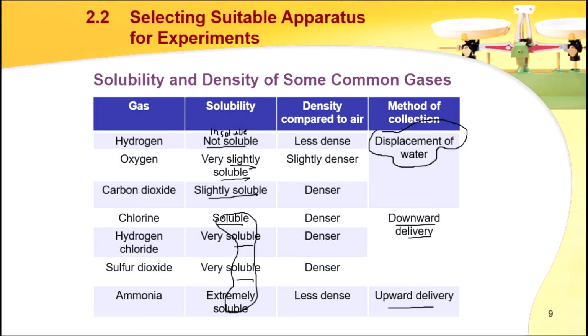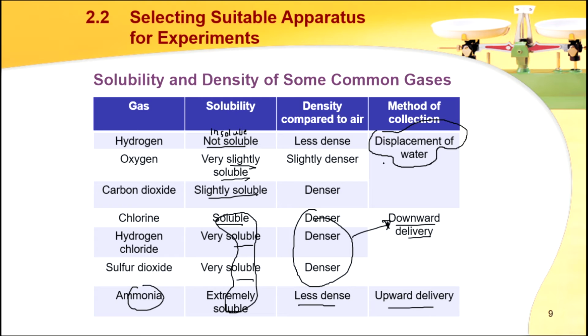We can use the downward delivery if the gas particle is denser than the air. We can use the upward delivery if the gas particle is less dense than the air, such as ammonia.